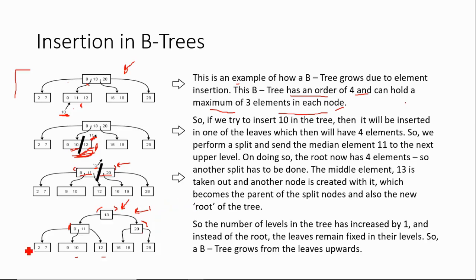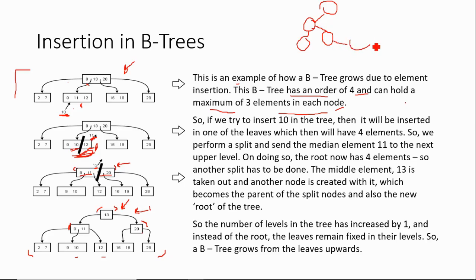But you can see that the leaves are as they were, meaning the leaves are in their level. The position of the leaves has not changed, but the position of the root has changed. Generally, in case of BST insertion, we add an element to the bottom of a particular leaf based on position.